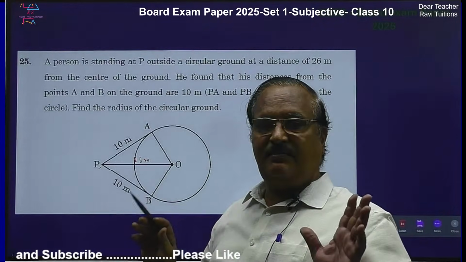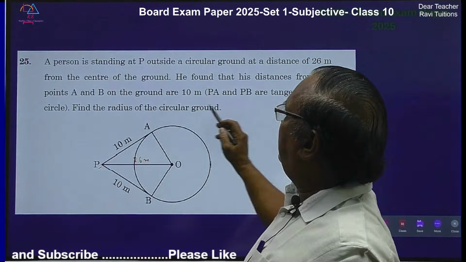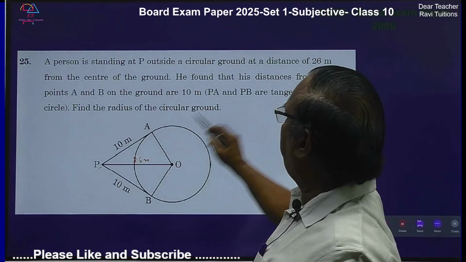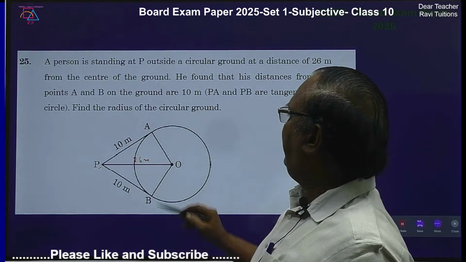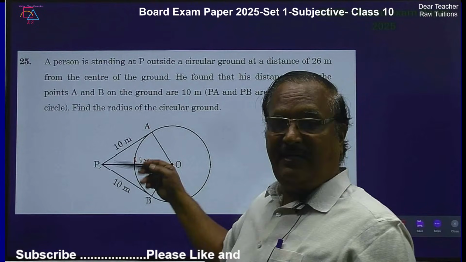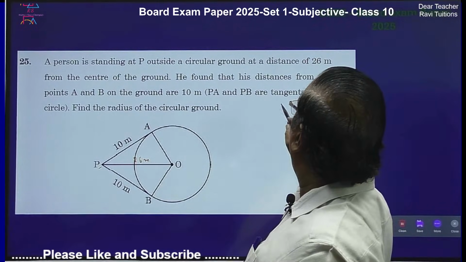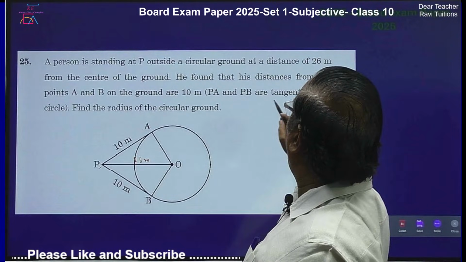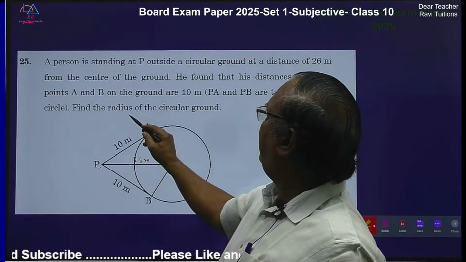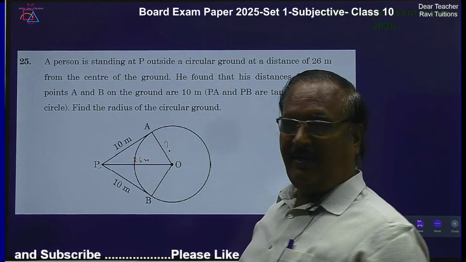Write it. And points A and B, from his point he was watching A and B, they are equal. 10 meters is already given in the figure, only 26 is not given in the figure. And he has given already PA, PB are tangents to the circle. Find the radius of the circular ground. That means you have to find out OA.